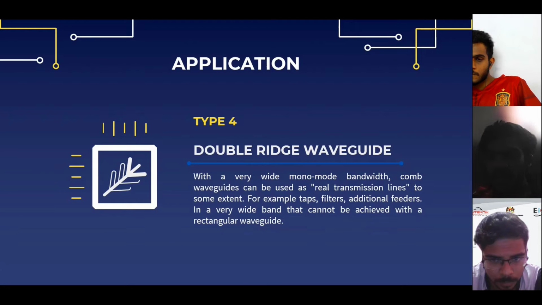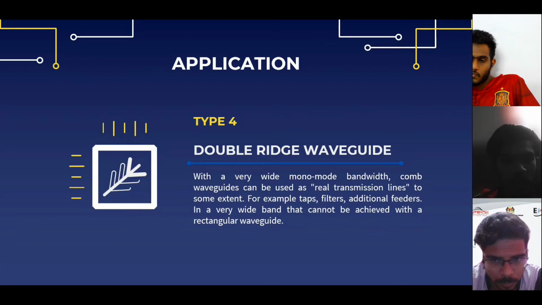Ridge waveguide tends to have a lower impedance and wider bandwidth in their fundamental mode when compared to regular rectangular waveguide. So it's a bit big compared to rectangular waveguide.